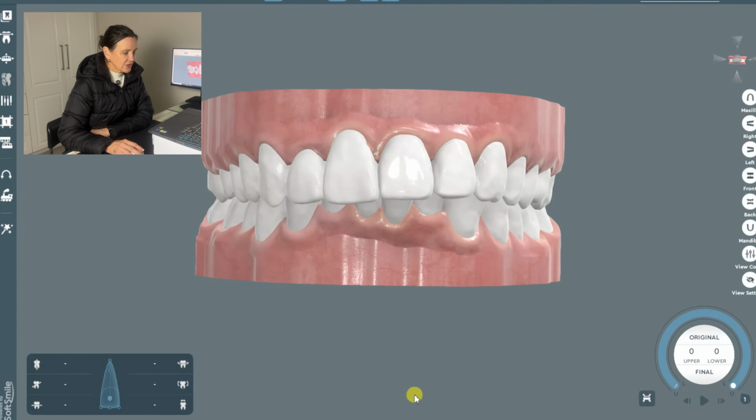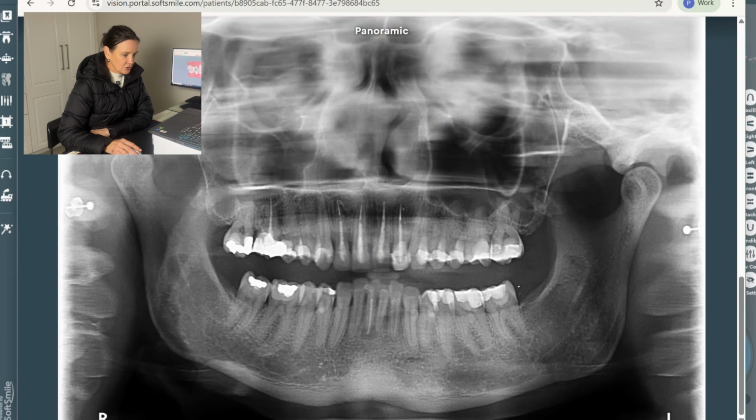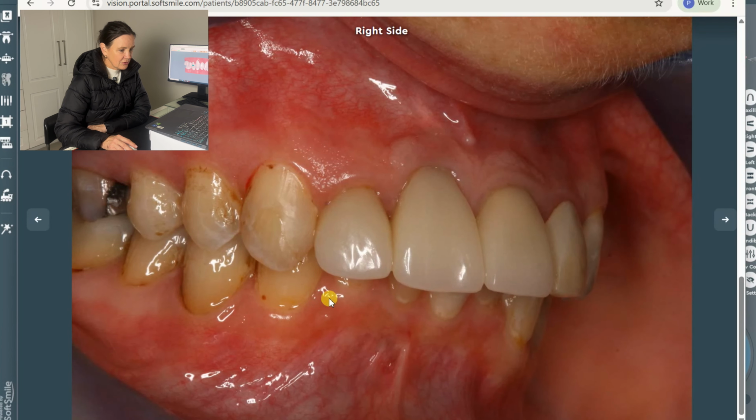The reason why I say that is if we go back to the photographs, we need room. Firstly, looking at this you see the gums there, the biotype stretched out, thin, not really room for inclination.